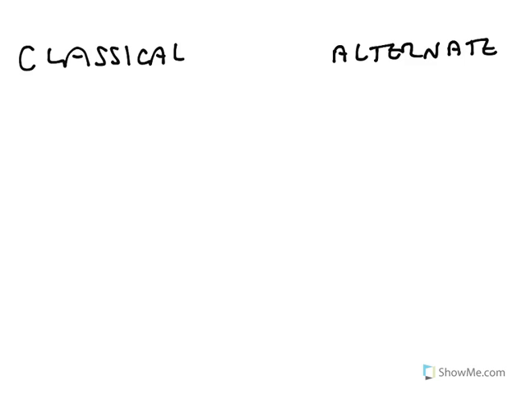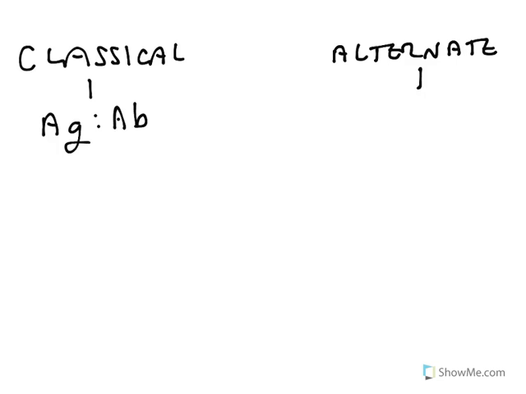Now, the classical pathway is typically activated by the presence of antigen bound to antibody. Alright? These so-called antigen-antibody complexes. So if components of the classical arm of the complement system see antigen bound to antibody, then they will activate the classical pathway.